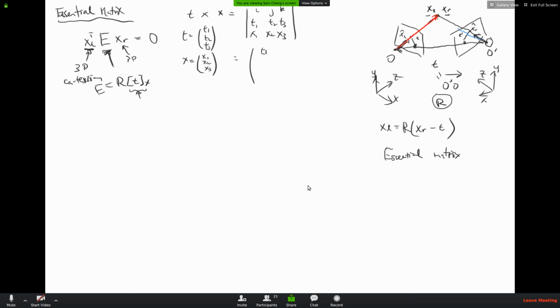So it's T2 X3 minus T3 X2, and this one is minus T1 X3 plus T3 X1, and k is T1 X2 minus T2 X1. So this is actually T multiplied by X, the cross product.